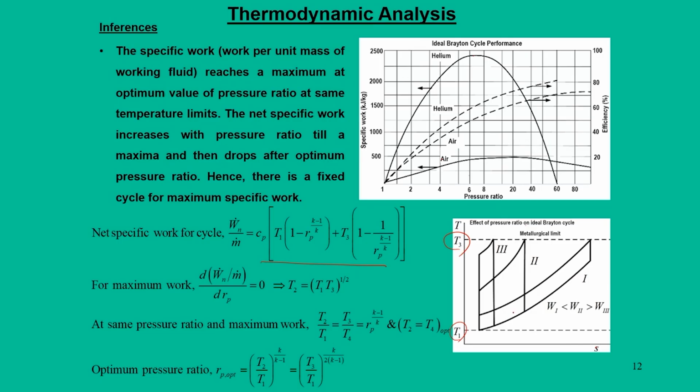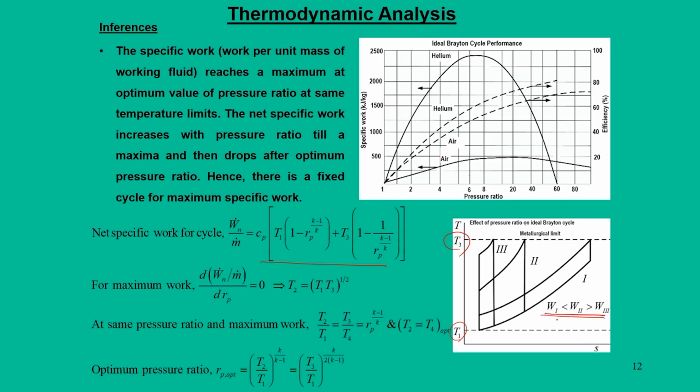One is much wider, the other is different in abscissa and ordinate values, but the curve for the work output shows that whatever working fluid we have, air or helium, there is an initial rise followed by a peak work, and then it has to come down. So, this is the choice.